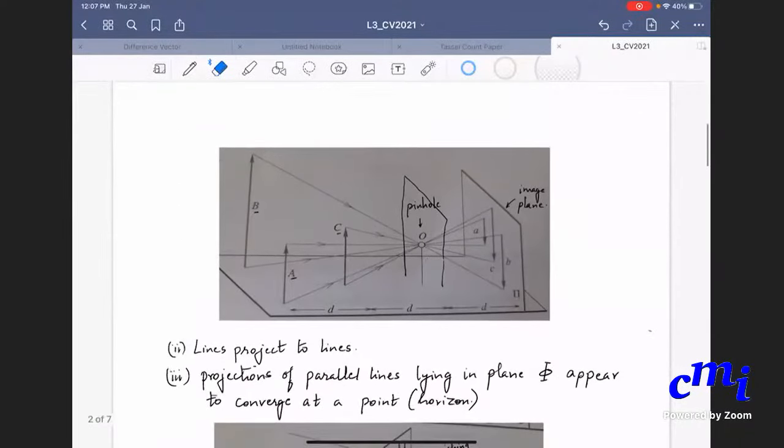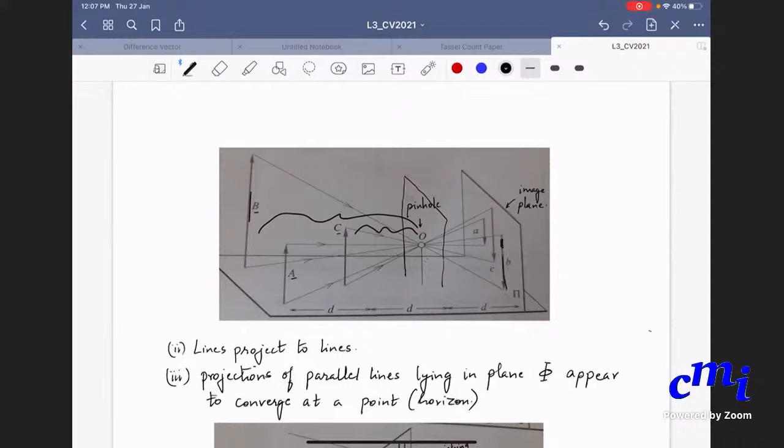So we can look here: the object B is farther away than the object C. If you look at the distance from the pinhole O, B is farther away from O than C. And then if you look at what you get on the image plane, you will see that the object that was farther away appears smaller here.